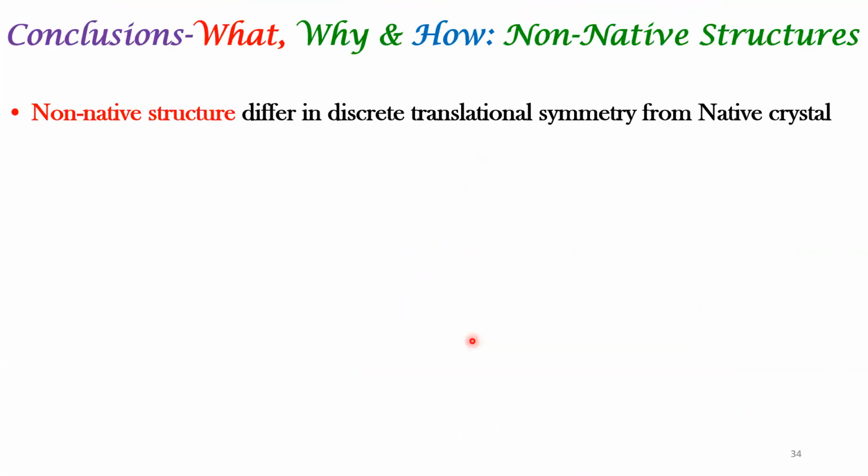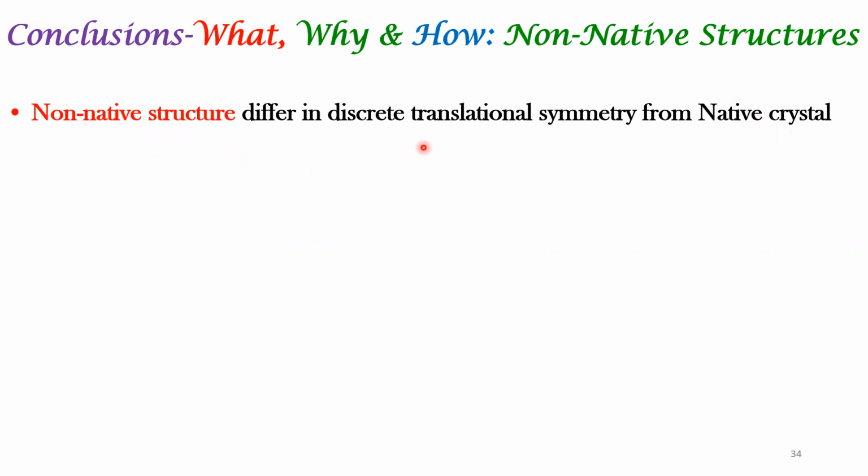Just to conclude, we have tried to address three parts. First is, what are non-native structures? Non-native structures involve different discrete translation symmetry compared to the most stable bulk structure, that is the native structure.